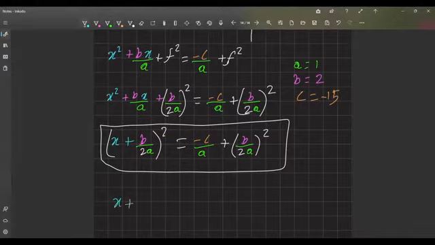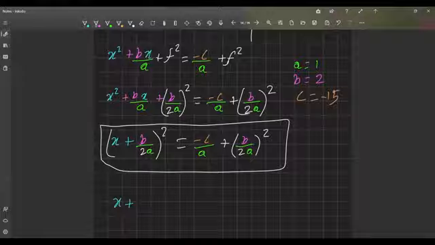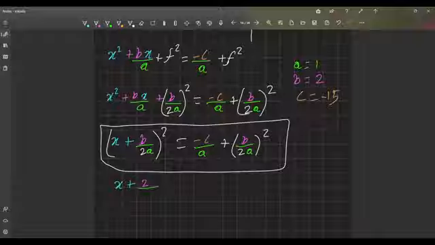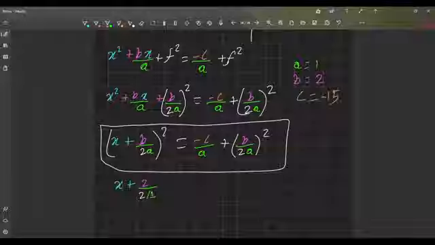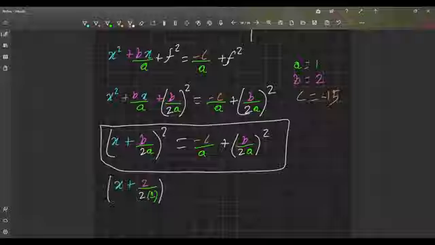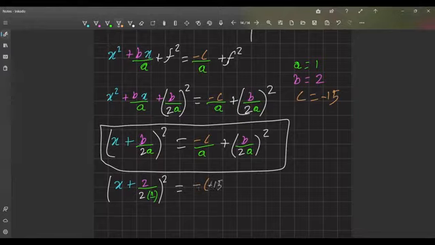So it was x plus the value of b, which was 2, divided by 2 and the value of a, which is 1, whole squared, is equal to minus c, so minus and then minus 15, in which case minus and minus would cancel out.